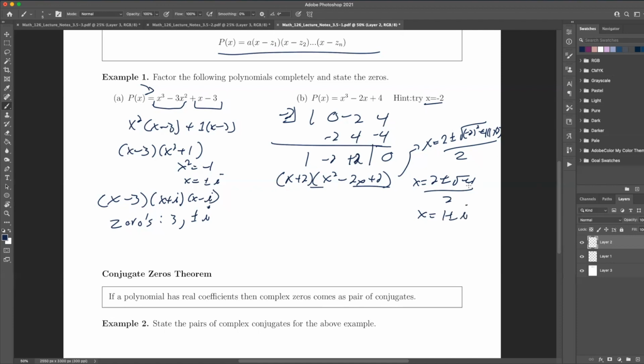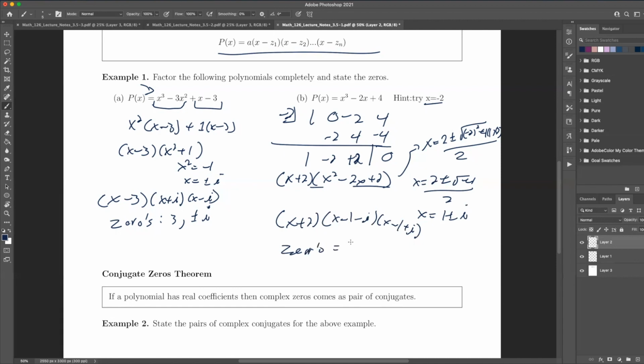Pull out the 2, so it'd be 2 square root of negative 1, or 2i, divided by 2, so just i. And so here we have our factors: x plus 2, x minus 1 minus i, and x minus 1 plus i. Okay, and here are the zeros, we can list them out.